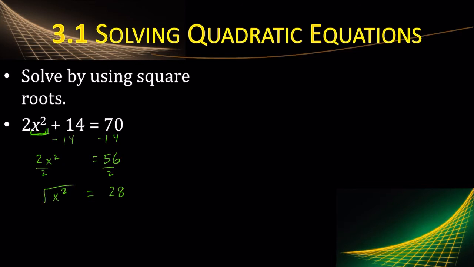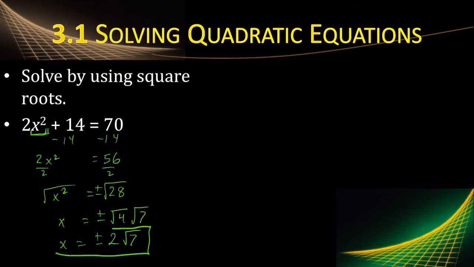And then I need to take a square root of both sides. When you square root both sides, don't forget the plus and minus. So x equals plus and minus the square root of 28. But 28 is 4 times 7, and the square root of 4 is 2. So it's plus and minus 2 square root of 7.